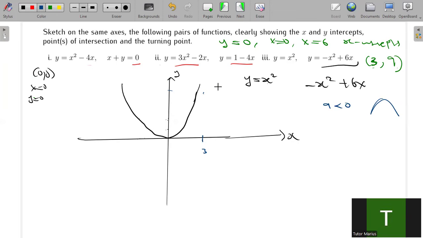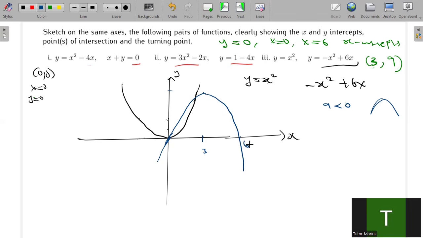So now, what other points do we have? We have that this graph is going to pass through the origin, because we said x is equal to 0. So it will go all the way and it will turn there, and then it will come and pass somewhere there.